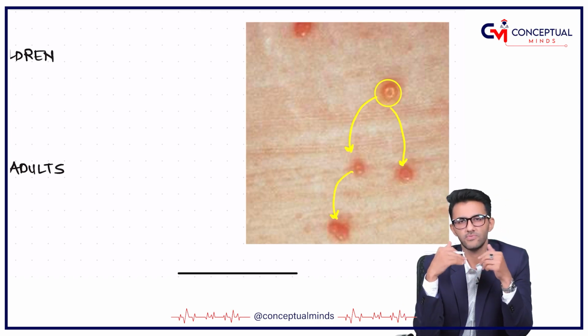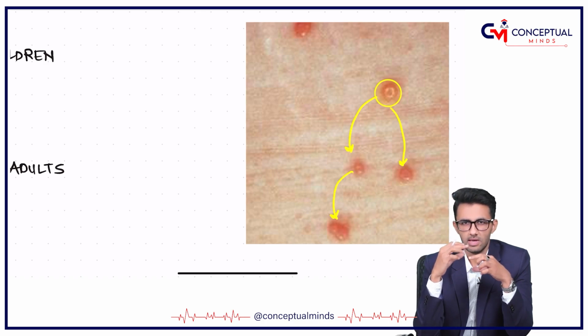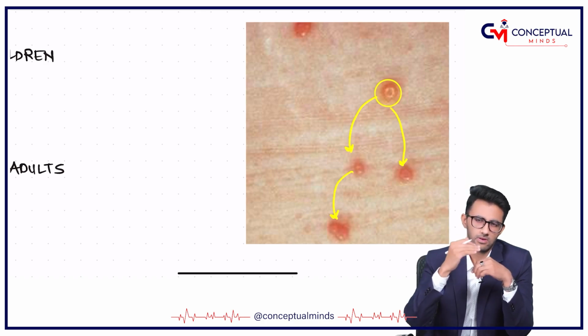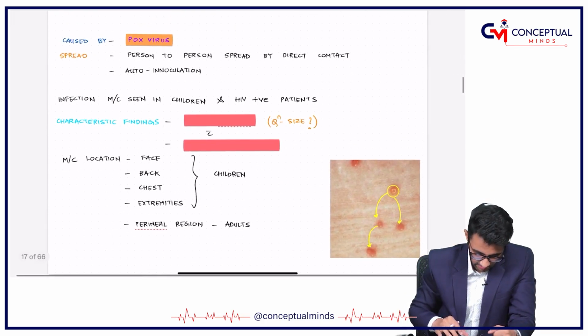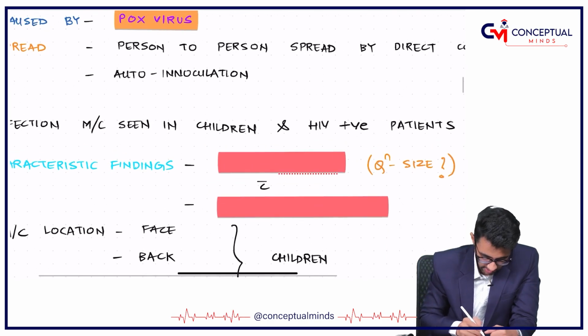So there is a series of chain reactions which happens. At one spot we can see lesions of different sizes, because each of them is being self-inoculated by the older one. So that is the most characteristic finding, auto-inoculation.